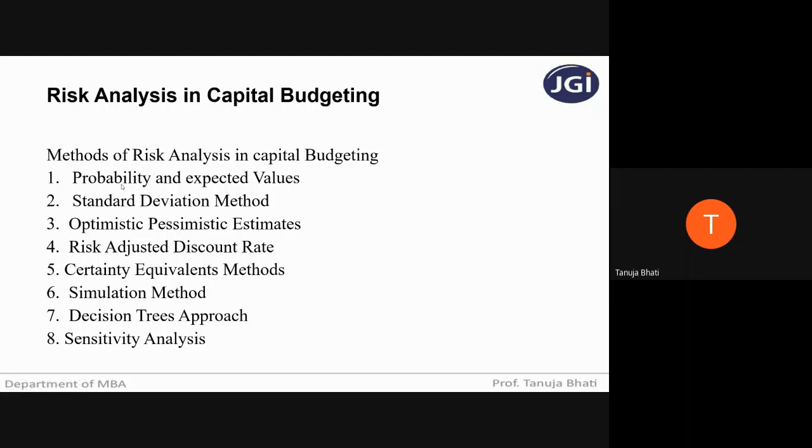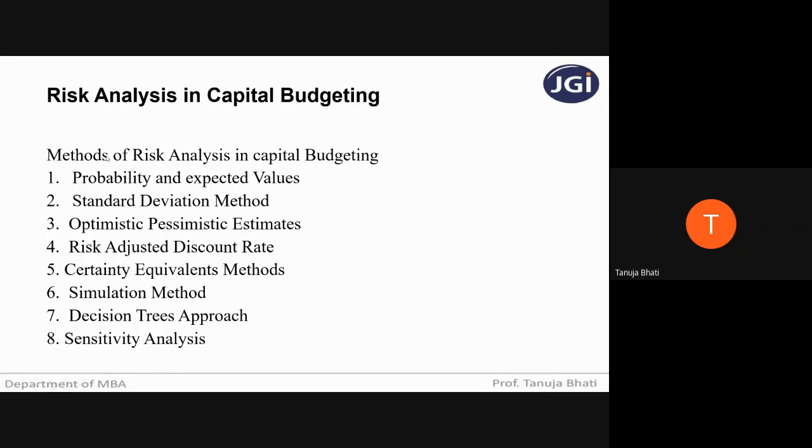So probability is nothing but as you all already know, a measure of a chance that a particular event will occur or whether it will not occur. So when an event is certain to occur, the probability will be 1, and when there is no chance of happening of an event, the probability will be 0.